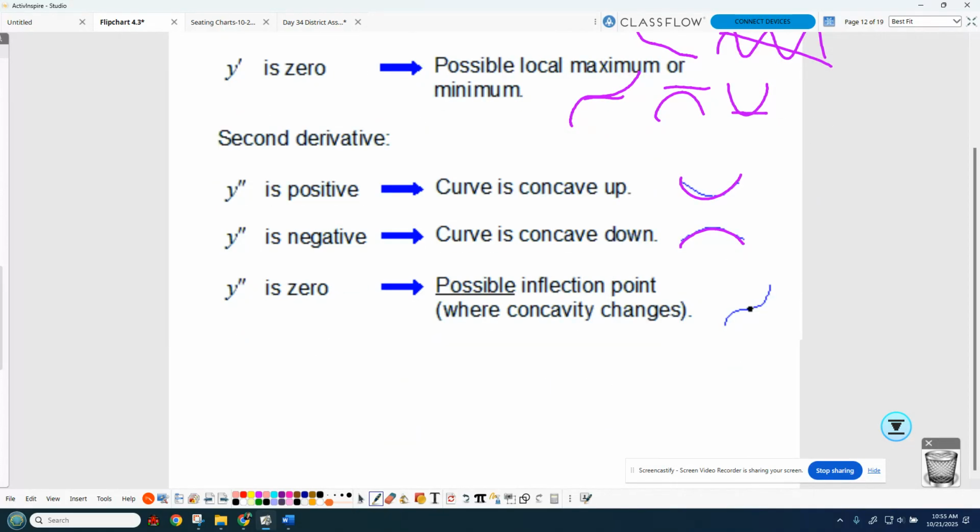And if the double derivative is 0, as Daniel said before, okay, well maybe it's boring and it's just a horizontal line and it doesn't do anything fun. Or maybe the double derivative is 0 and it did something like that. Or, let's assume that was a horizontal tangent. Or maybe it does something like this.